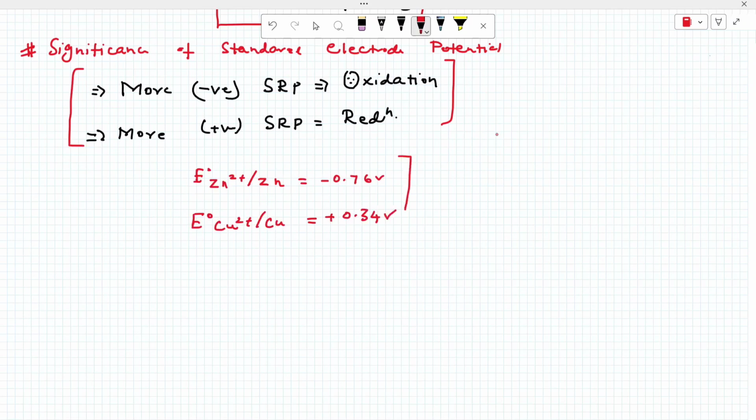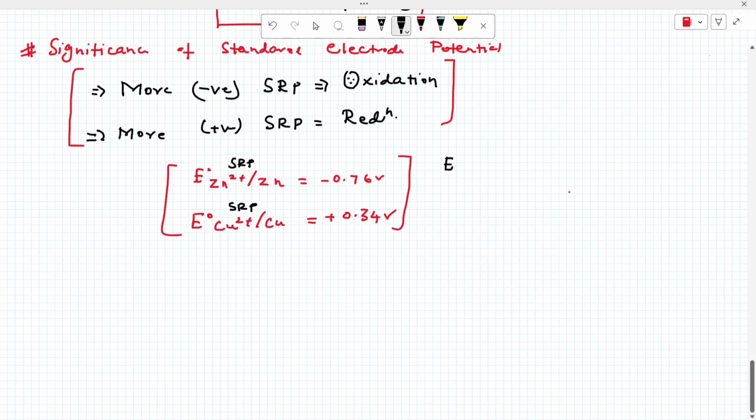Tell me, among these two values, which is oxidation and which is reduction? Both are SRP. Good. Zinc undergoes oxidation, copper undergoes reduction.